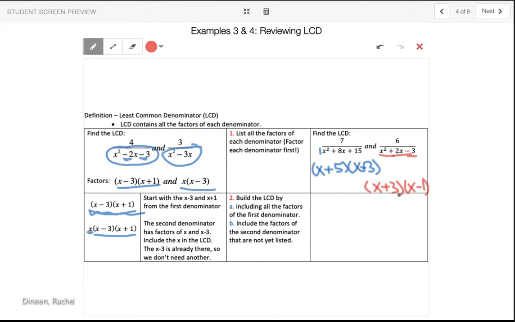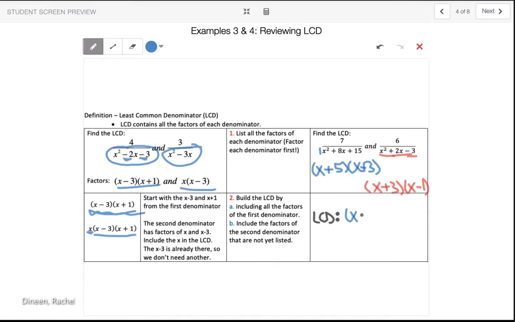So unfortunately, factoring does not go away. Factoring is a skill that you need to know for all of Algebra 2 and the math classes you go to after. So now we are going to build the LCD. I'm going to include all the factors from my first denominator.